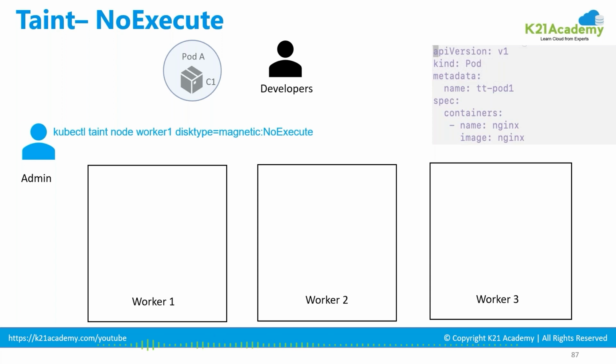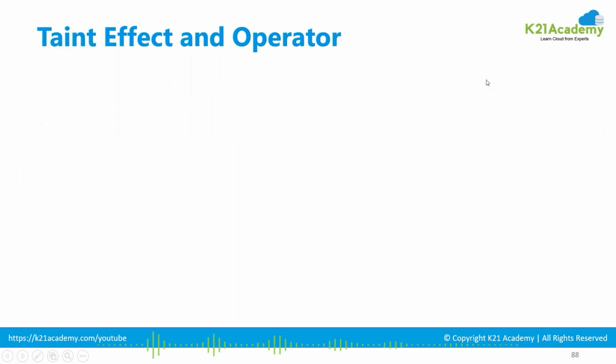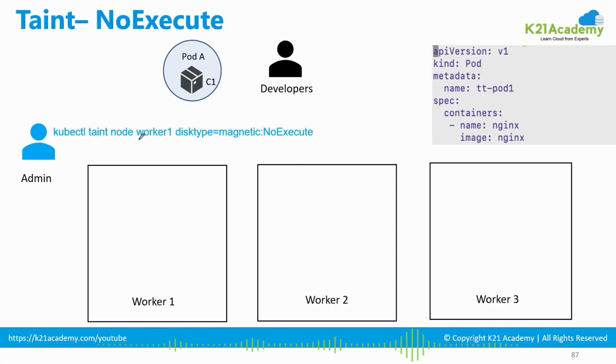NoExecute is nothing but what? You are given the tainting property as kubectl taint node worker1 type=magnetic:NoExecute. So you try to deploy the pod using this manifest. Then what will happen? On the worker 1 node, no pod will be scheduled, but all other pods will get scheduled here.